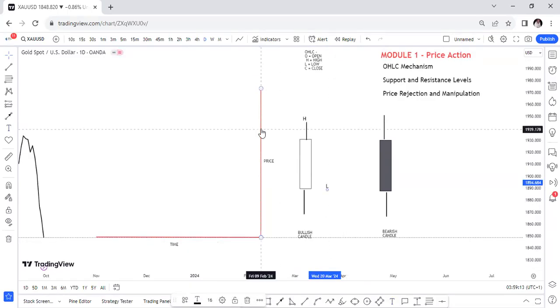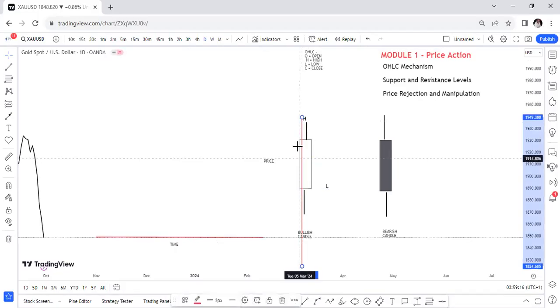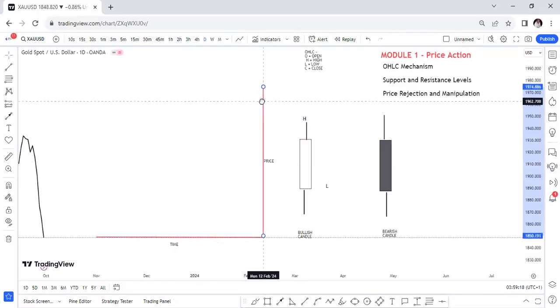The lower wick, the lower shadow, is the low.